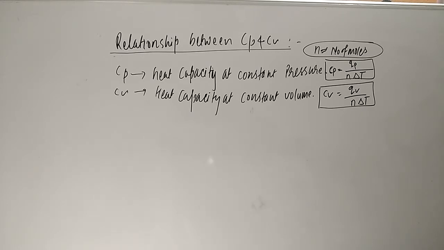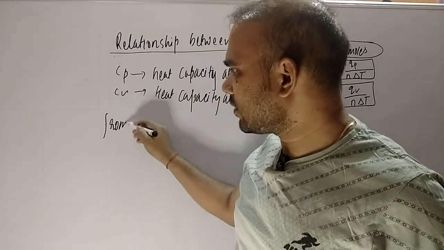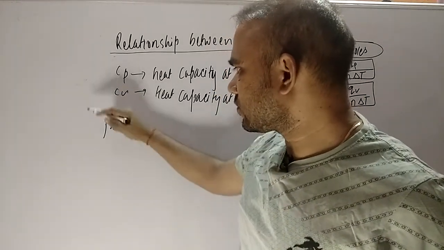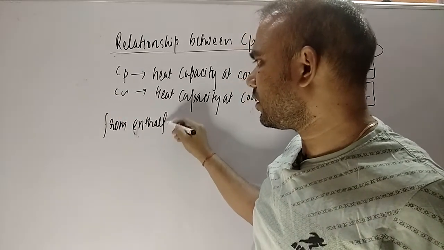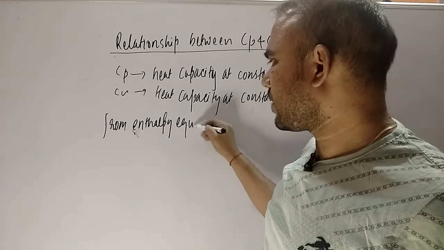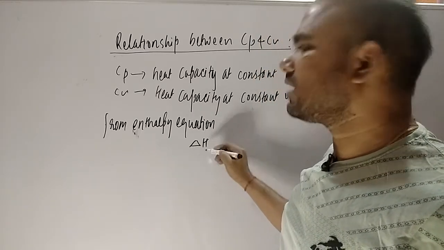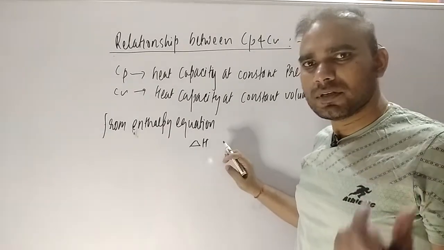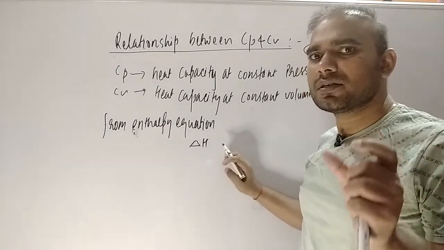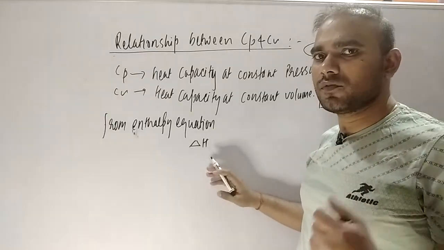These terms are there. Now students, we are going from the enthalpy equation. What is the enthalpy equation? Delta H. Enthalpy means the total heat content, the sum of the internal energy and pressure-volume work.